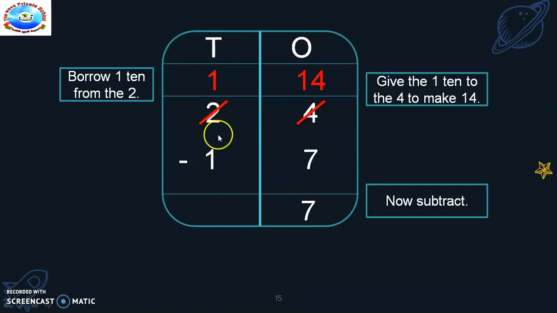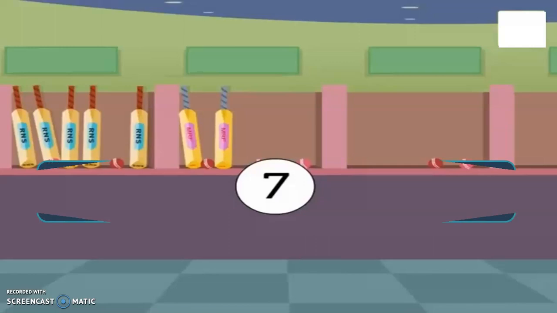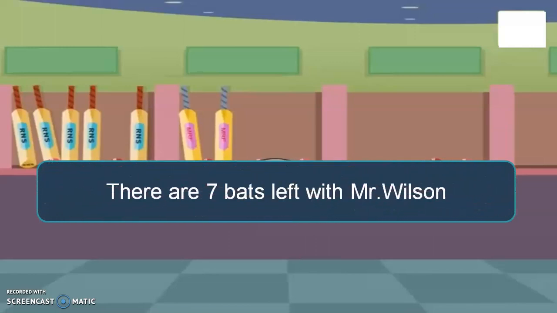That is 1 minus 1 equals 0 tens. So we get the answer 7. Thus 24 minus 17 equals 7. Thus there are 7 bats left with Mr. Wilson.